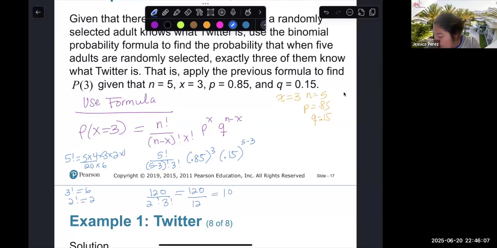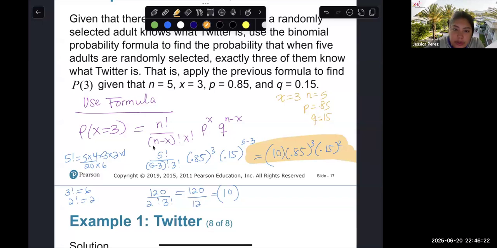We get 10. So then here we get 10 times 0.85 raised to the third times 0.15 squared, and this is what you punch into the calculator. So we want to reduce this combination first. This looks a lot like your combination formula, right? N factorial over n minus x factorial times x factorial.